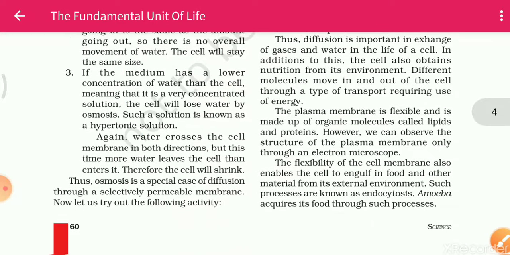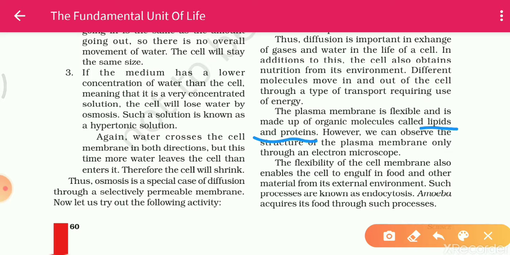Now the plasma membrane is flexible and is made of organic molecules called lipids and proteins. I already told you about the components of the plasma membrane, that is, lipids and proteins, and these make the plasma membrane flexible. However, we can observe the structure of the plasma membrane only through an electron microscope.